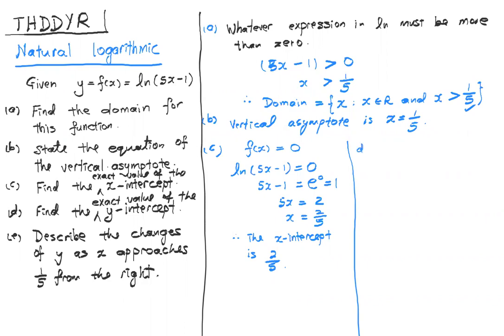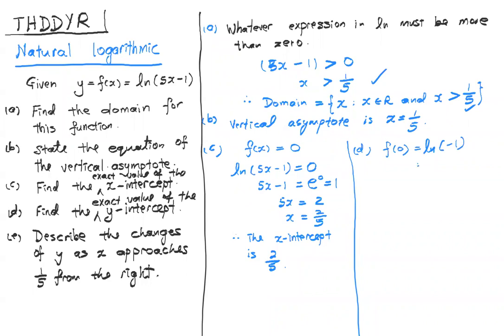D. Find the y-intercept. That means you substitute your x equal to 0. So actually, I don't have to do this. I can straight away use the domain and explain. If you substitute, you will have ln(-1).